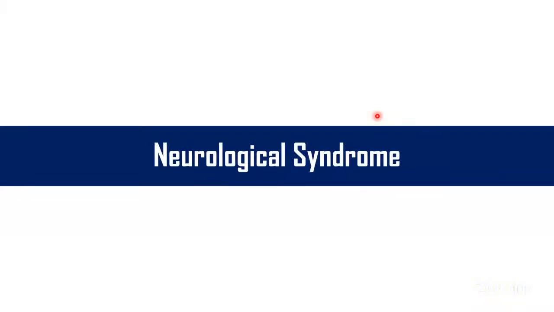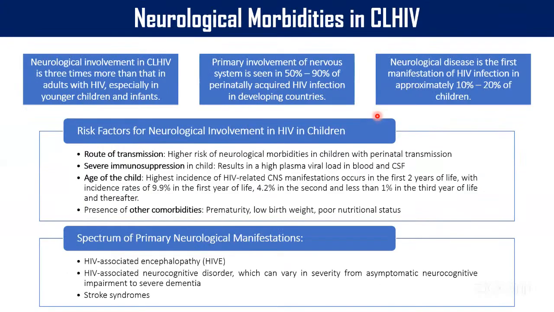The next common syndrome we see in children is neurological syndrome. Neurological involvement in children is 3 times more common than in adults. That's because the brain is growing and immature in children, and it is very vulnerable to any insult in this age group.